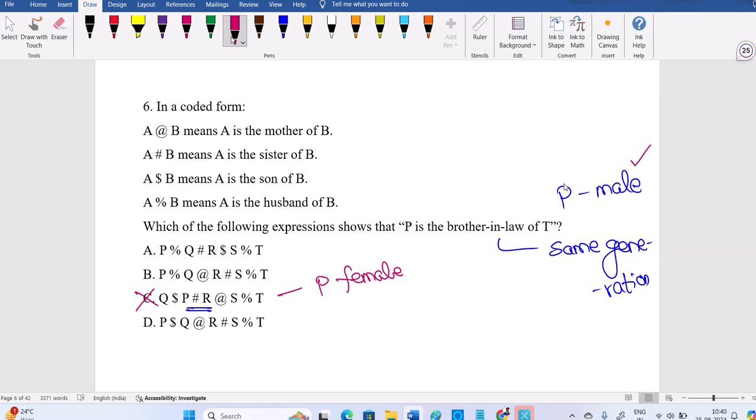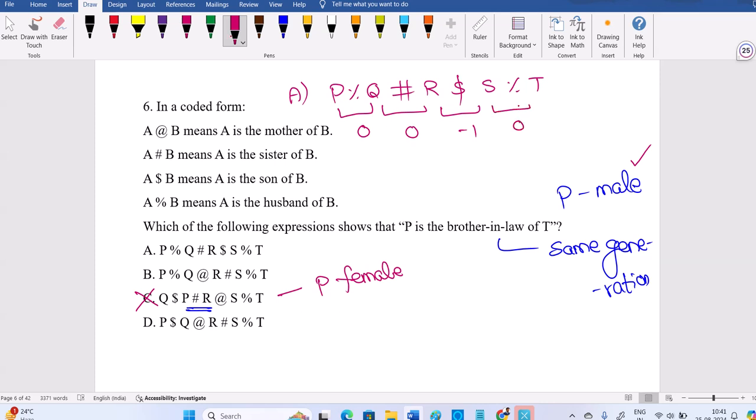And I'll check regarding generation also. So what is the generation? Let's say option A, P percentage Q hash R dollar S percentage T. From P to T, I need zero gap, zero generation. P percentage Q: husband means same generation. Hash is sister, same generation. Dollar is son, one generation below. Percentage is husband.